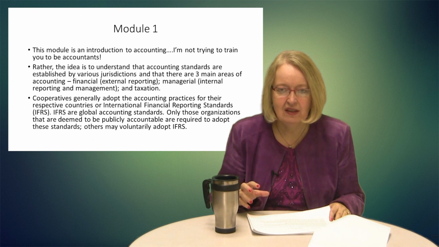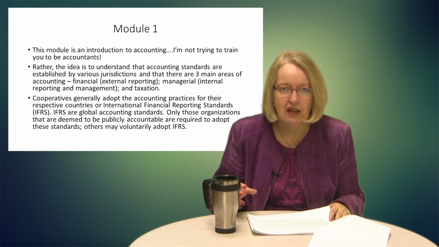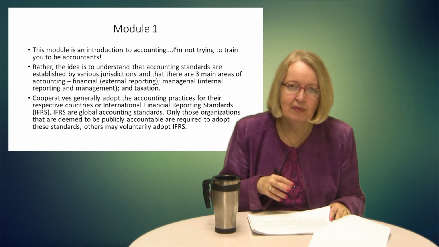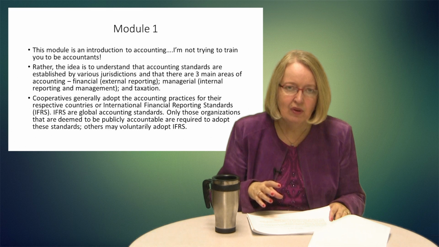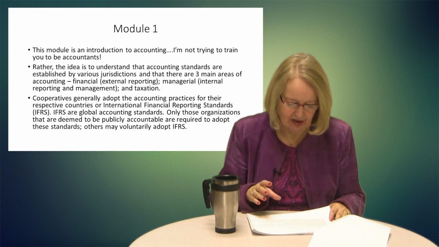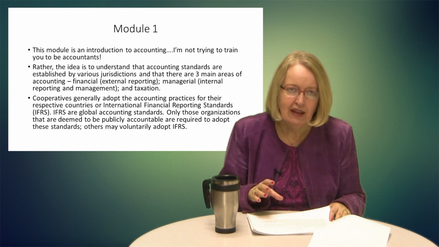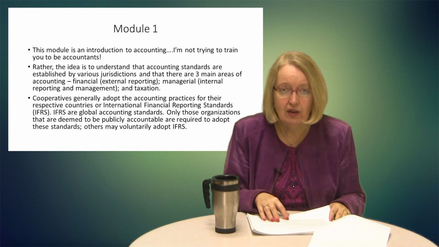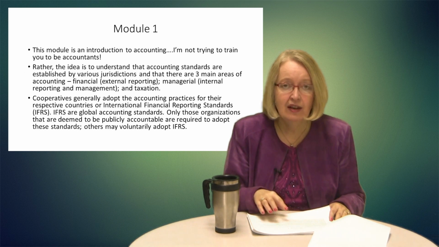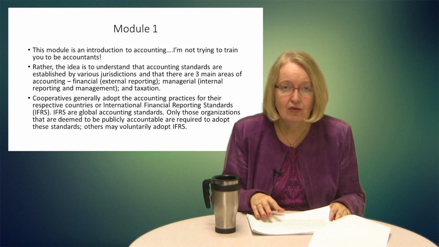So if you picked up a set of statements from a company in Germany, they would be prepared on the same basis as a company in Canada or the US. The way it works is organizations typically have the option to either adhere to their own country standards or they can adopt IFRS.